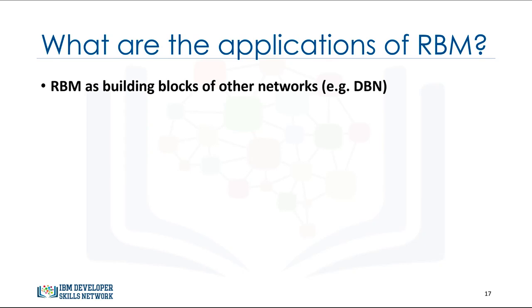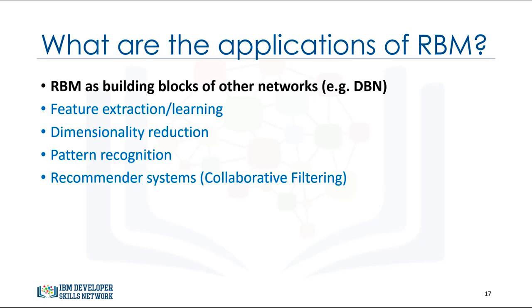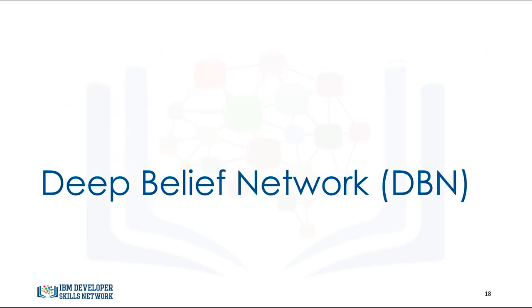Essentially, RBMs are useful for unsupervised tasks such as feature extraction, dimensionality reduction, pattern recognition, recommender systems, handling missing values, and topic modeling. Now let's look at deep belief networks and see how they are built on top of RBMs.